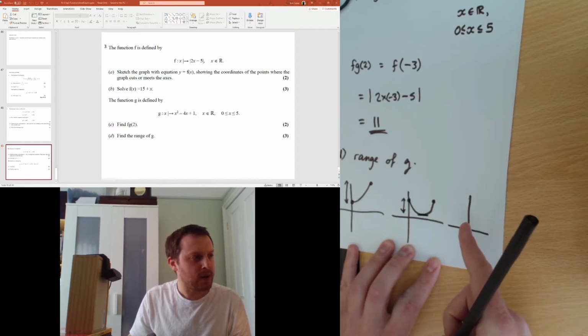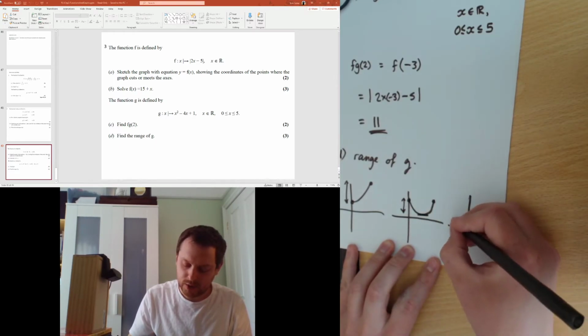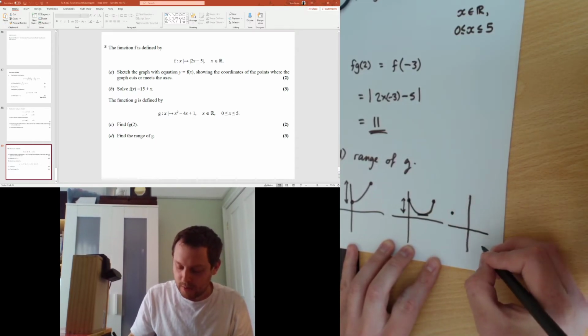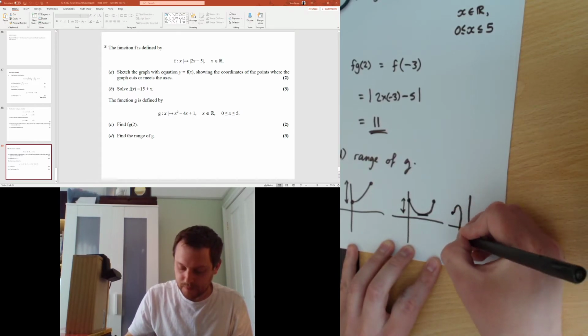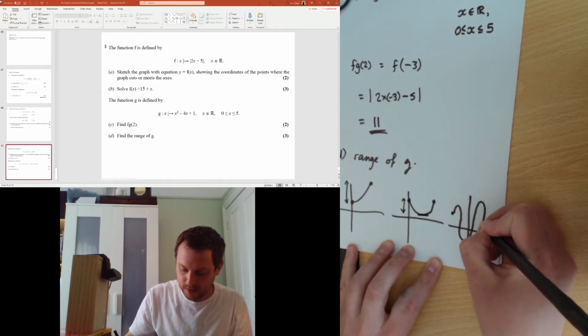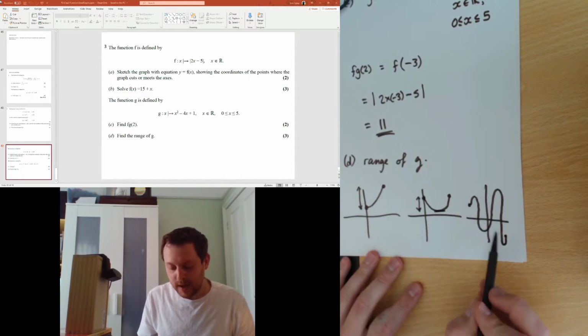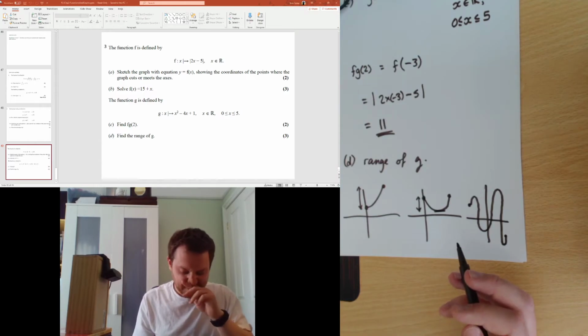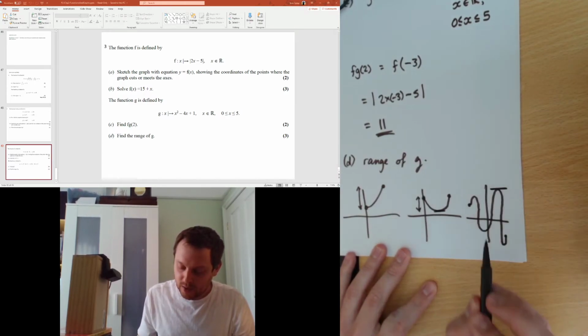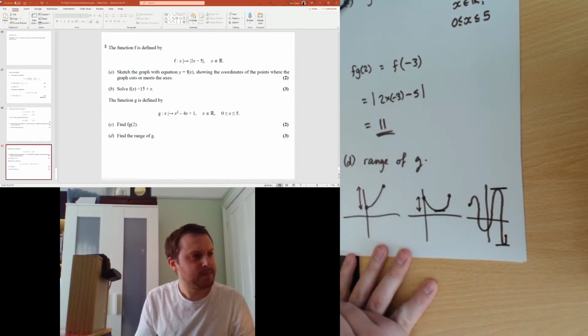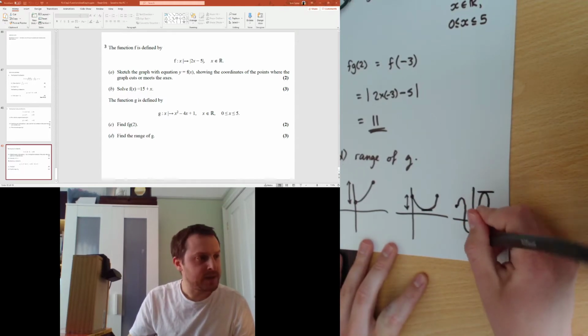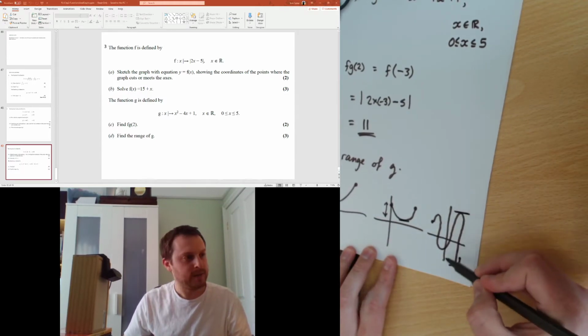I'll draw one that's not a quadratic, just a totally random one. So I've got my 2 endpoints. It goes up and down like that. And so, okay, knowing about the endpoints is good, but really I need to know what this is and what this is, because that covers the entire lot of output.